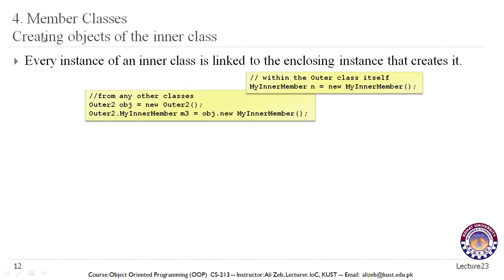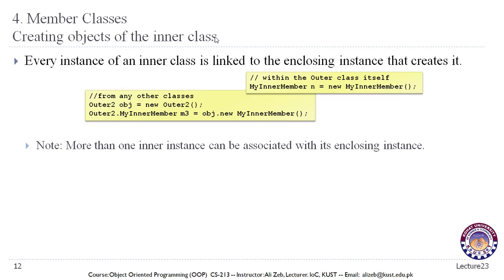So we have this object of the outer class, and if we want to create an object of the inner class, we link it with the outer object. So this will now be linked with the obj object of the outer class.